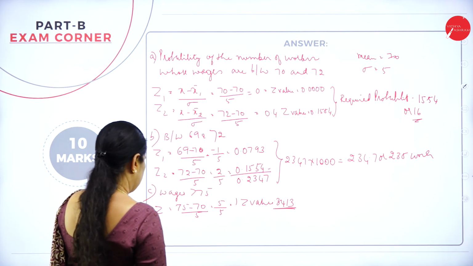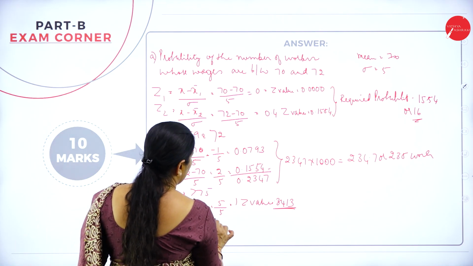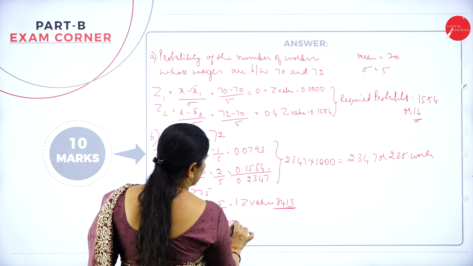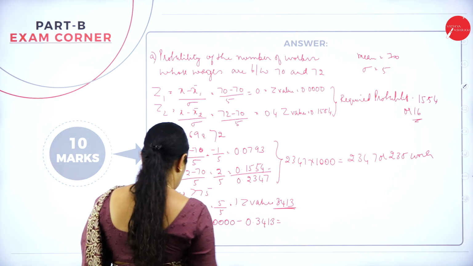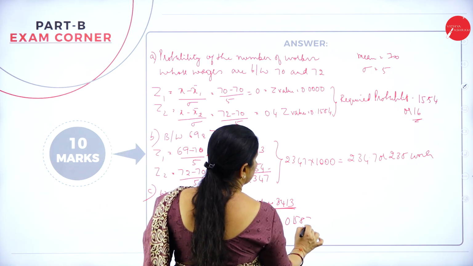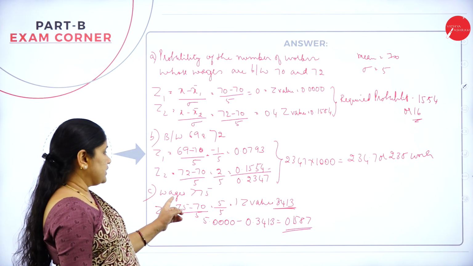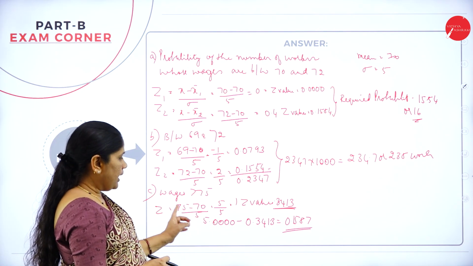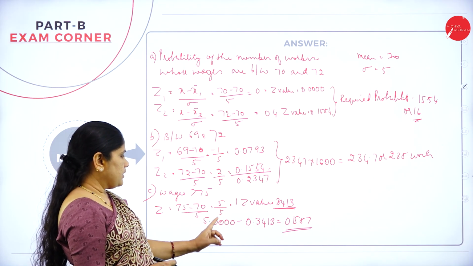0.3413, and then the required probability will be equal to 5.000 minus 0.3413. So that will come up to 0.1587. So in the wages, when the wages is more than 75, I just subtract 75 minus 70, I get 5 by 5.